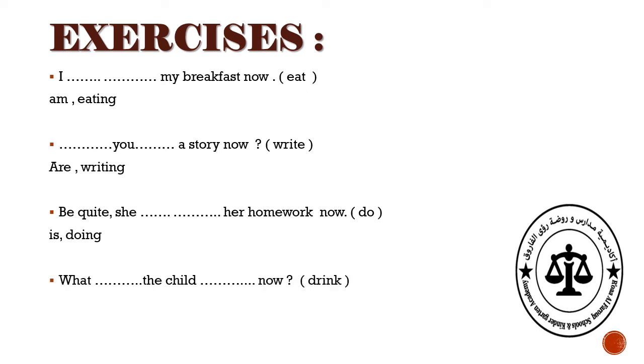The last one, this is a question. What? The child. The child is a singular noun, so we use the helping verb is. Excellent. Then the verb ing. What is the child drinking now?